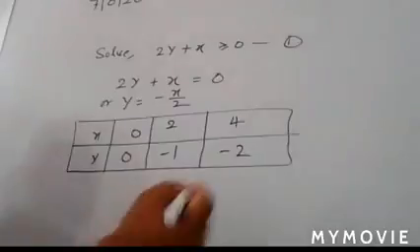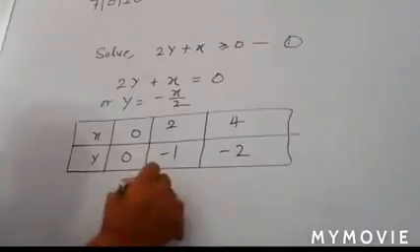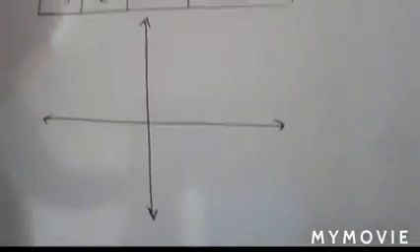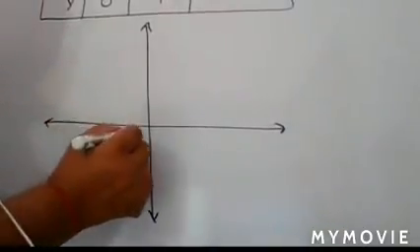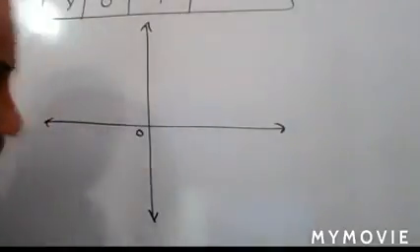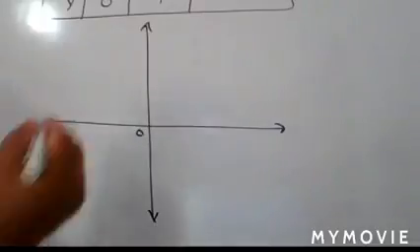Okay, so plot it. And also here you draw a bold line, because you have greater or equal to 0 inequality. So right, mark the points over there.